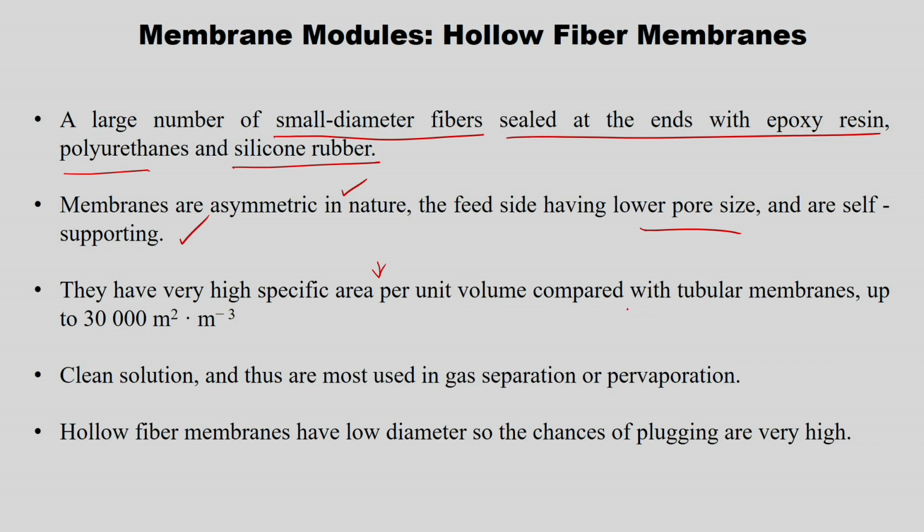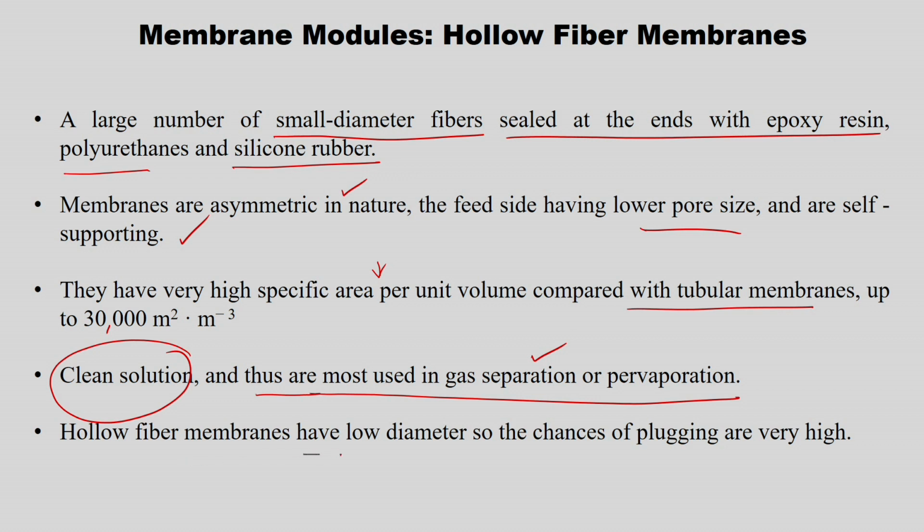It is about 30,000 meter squared per meter cube, and it needs clean solution and thus is mostly used in gas separation or pervaporation. So, you can use this hollow fiber membrane when your solution is clean. Hollow fiber membranes have low diameter, so the chances of plugging are very high compared to tubular membrane.